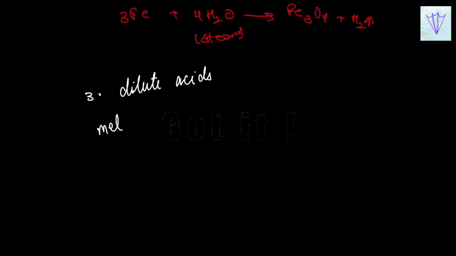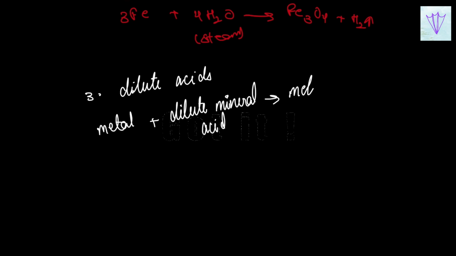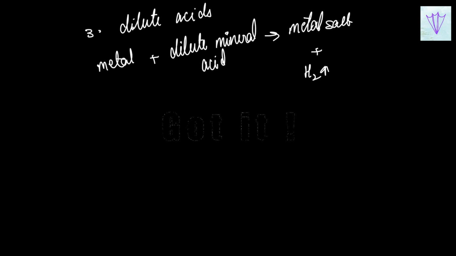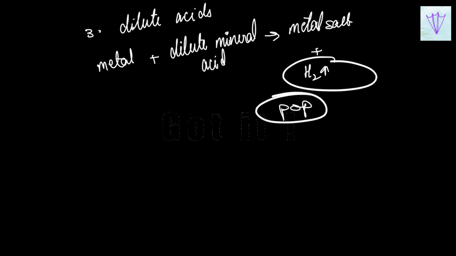So metal plus a dilute mineral acid will give rise to metal salt plus hydrogen gas. The more reactive metals readily evolve hydrogen gas from the acids, while less reactive metals react slowly to evolve hydrogen gas, which burns with a pop sound.